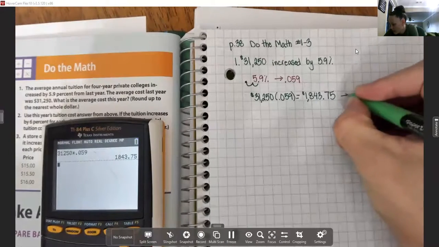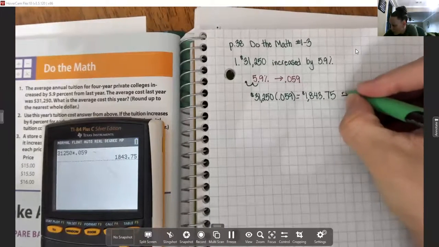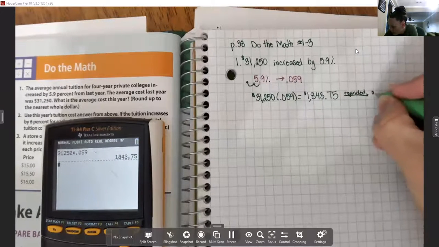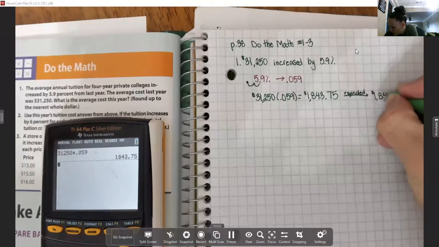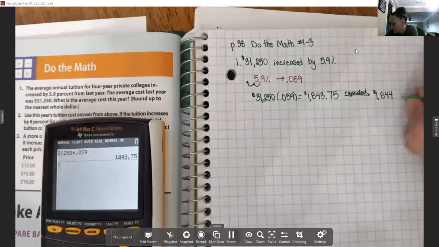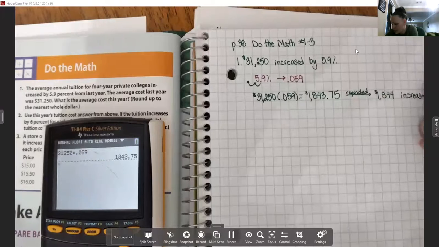So this, I should make this longer so I can write it out. Rounded is $1,844. So that's the increase. That's how much it went up this year from last year.